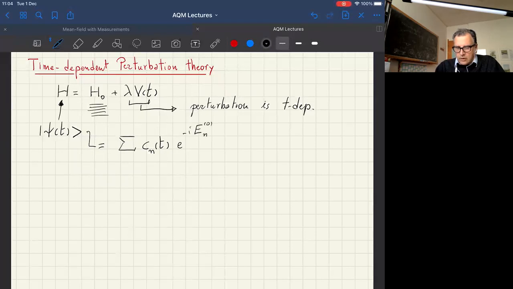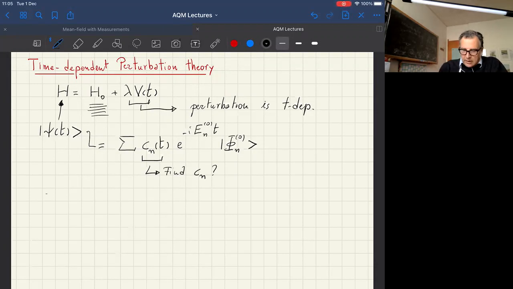And we just wrote psi of t in this form, which is still very generic. The only thing we need is to find a perturbative expression for the Cn. This we don't know, and we will determine it by perturbation theory.